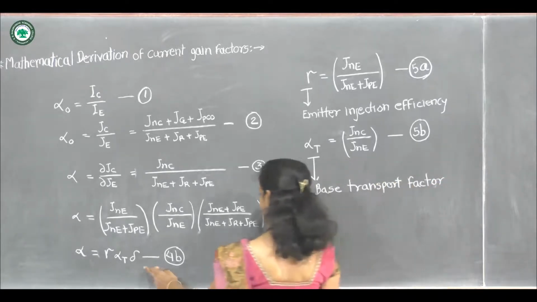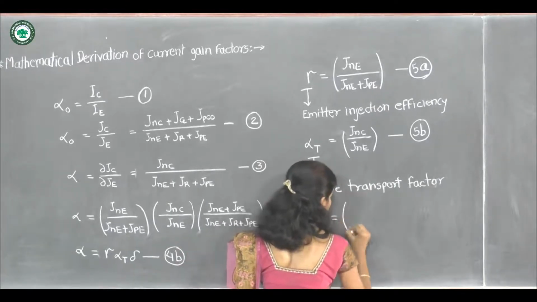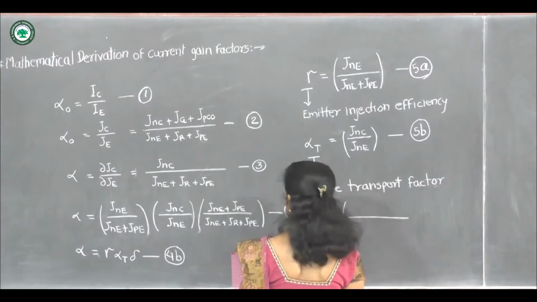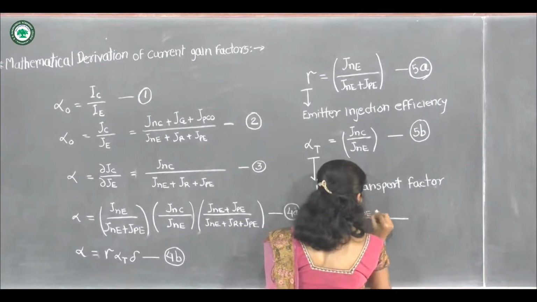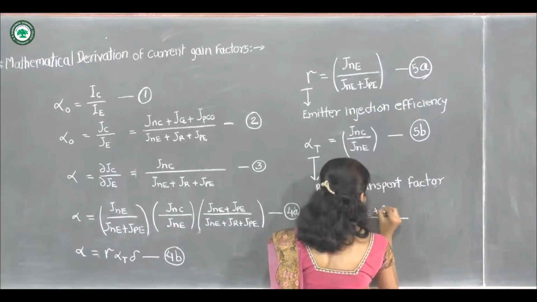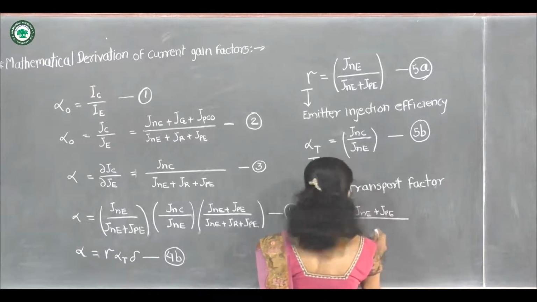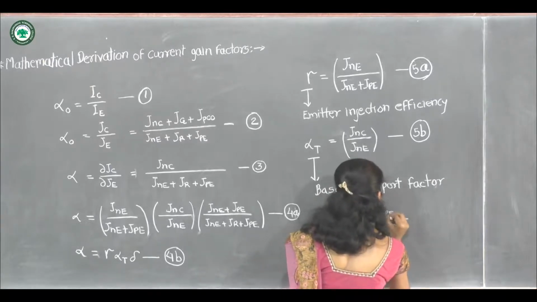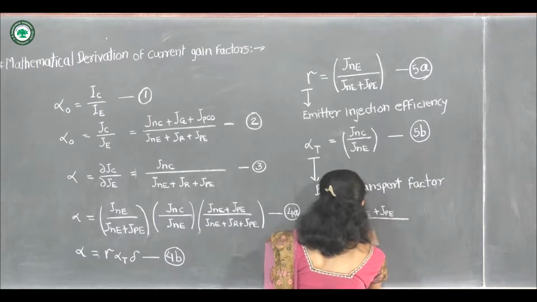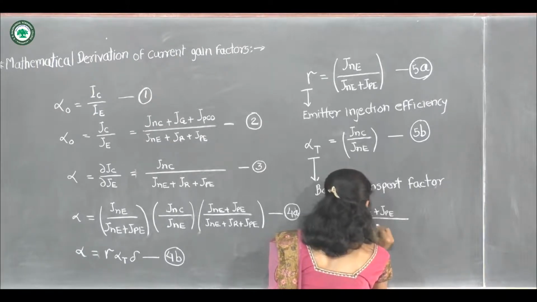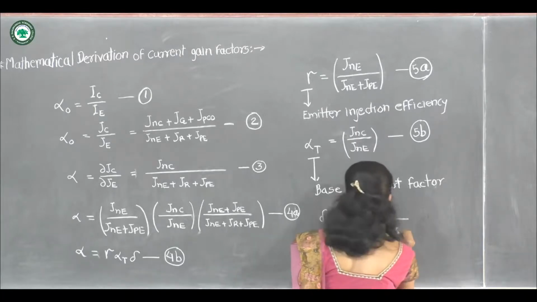Again, this factor delta, which is equal to JNE plus JPE upon JNE plus JR plus JPE.